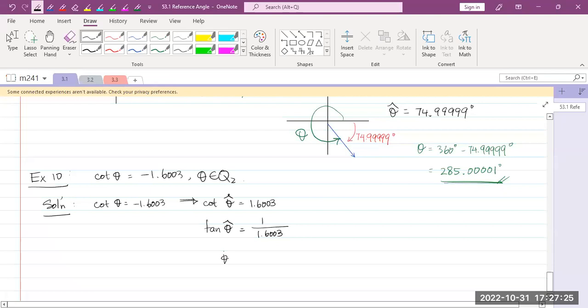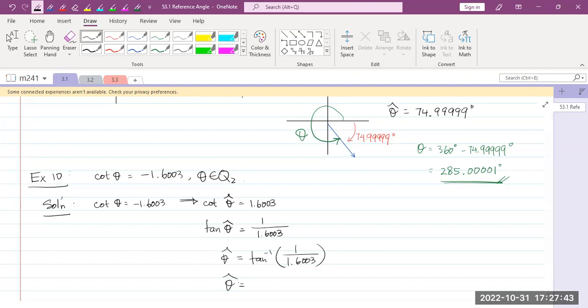So the reference angle, which is already an acute angle, is tangent inverse of 1 over 1.6003. That is 32 degrees something, 32.00056 degrees.